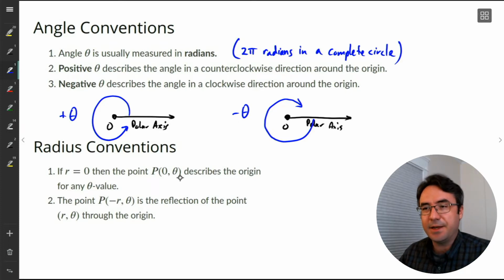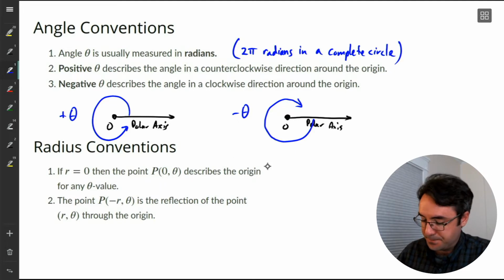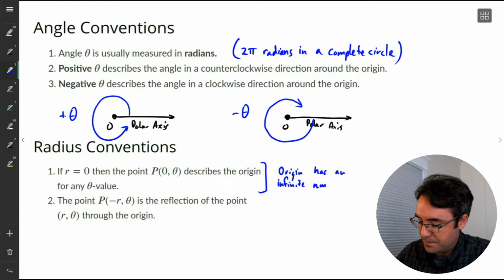So no matter what theta is, if the r value is 0, then we're just describing the origin. So the origin actually has an infinite number of possible polar coordinate representations.